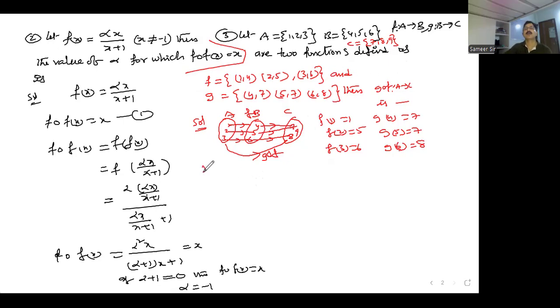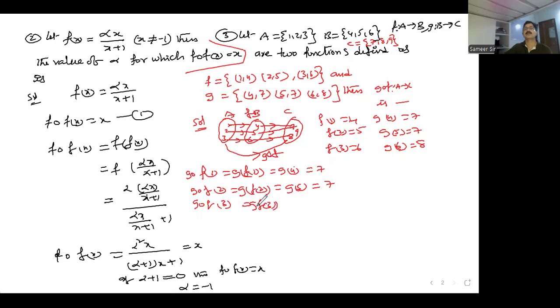What exactly we have to find? g circle f of 1. This is one way. That means g of f of 1. Here f of 1 is 4, and g of 4 is 7. Next, g circle f of 2, so g of f of 2. f of 2 is 5, and g of 5 is also 7. Then g circle f of 3, which is g of f of 3.